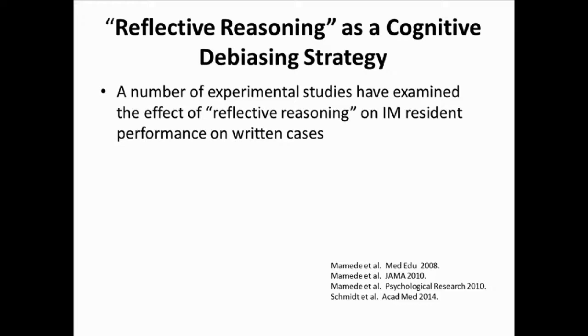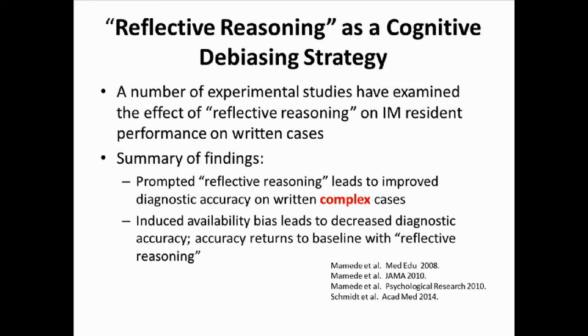So can it be used as a cognitive debiasing strategy? A number of experimental studies have examined this effect of reflective reasoning on internal medicine performance, but just on written cases. So not on the fly, not in clinic. They sit down, they give them cases, they make them do the reasoning, and then they see what comes out on the other end. And the summary is that prompted reflective reasoning leads to improved diagnostic accuracy on complex cases.